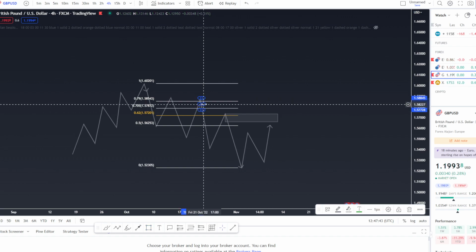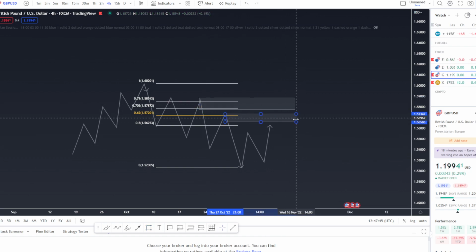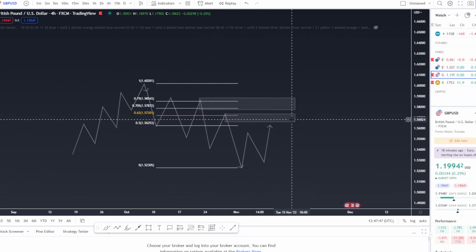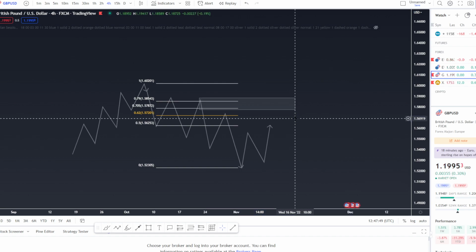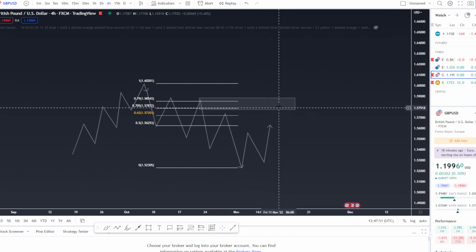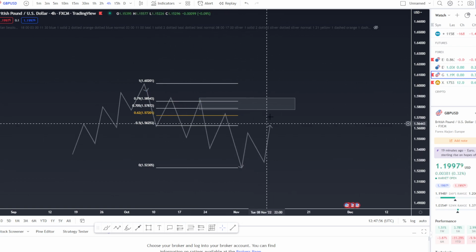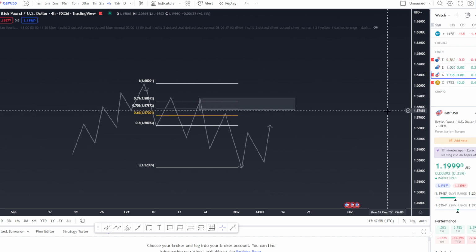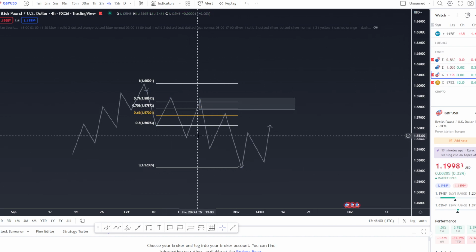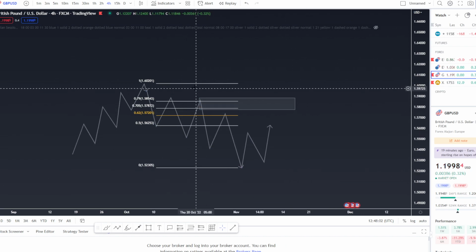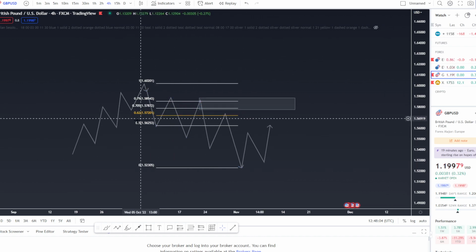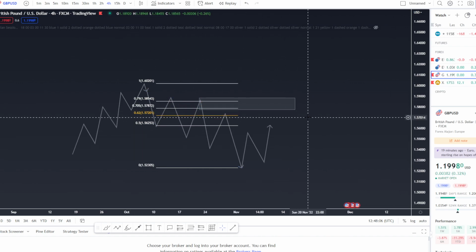The reason why is because after a lot of time testing, we know that price likes to pull back above 50% with bearish structure. With bullish structure, it likes to pull back below 50%. This is what is called premium and discount pricing.